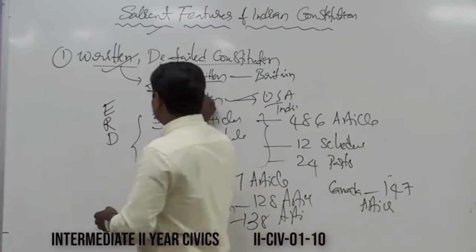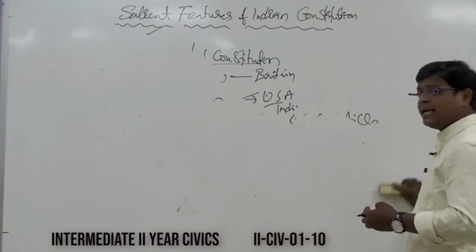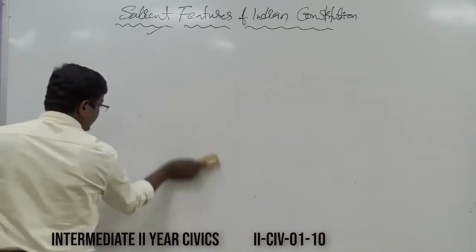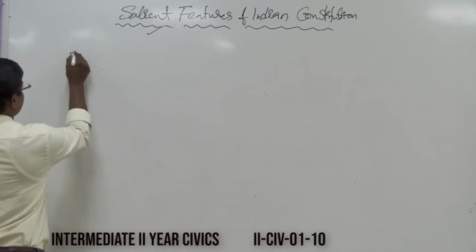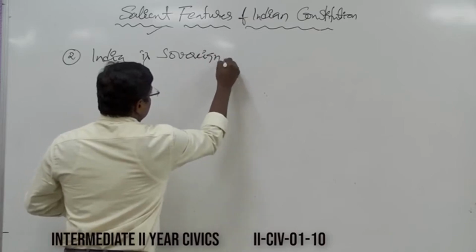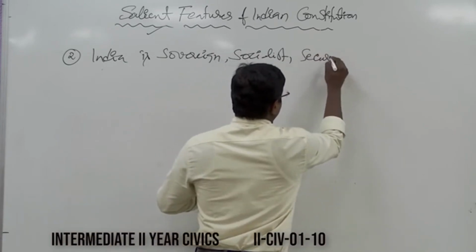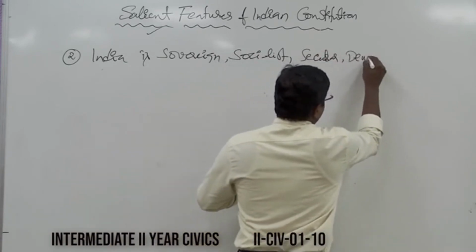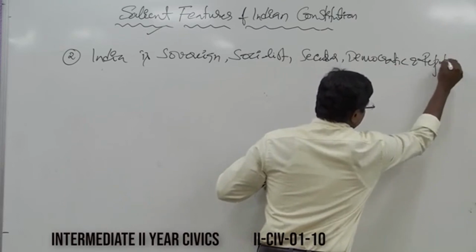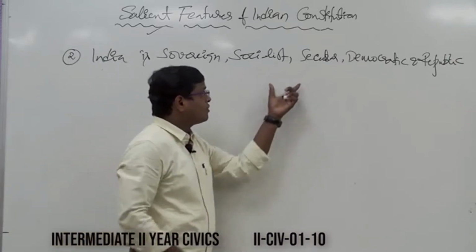Then the next one is that India is a sovereign, socialist, secular, democratic republic. The second salient feature is that India is sovereign, socialist, secular, democratic and republic.